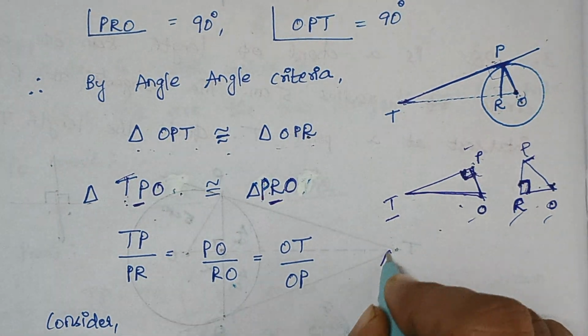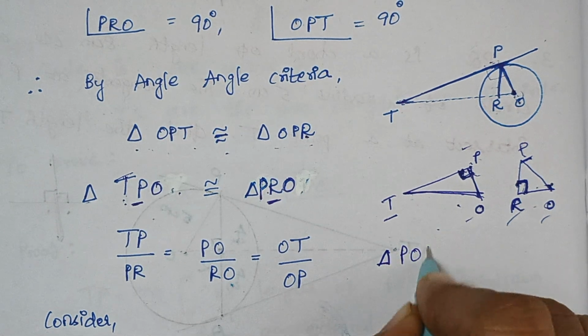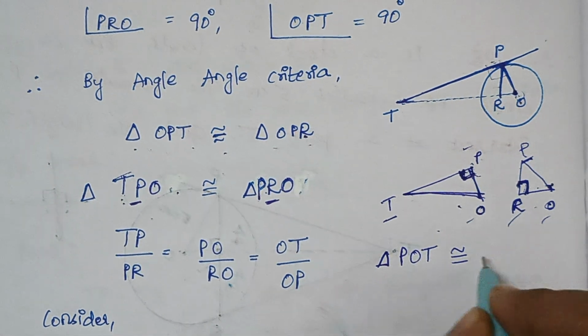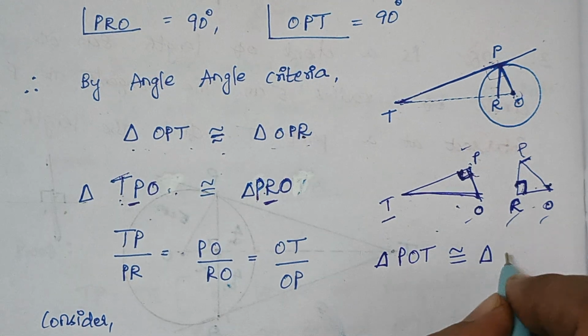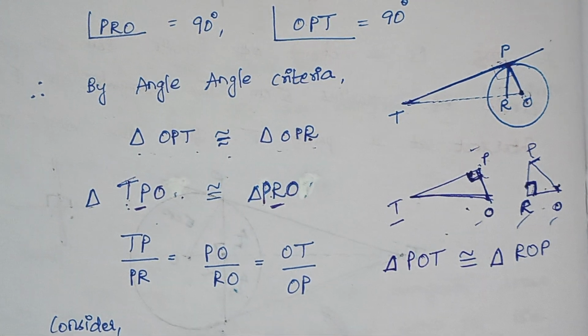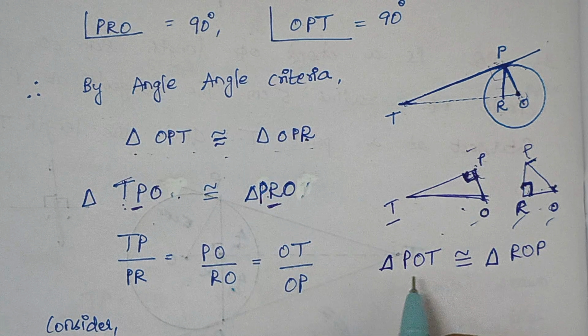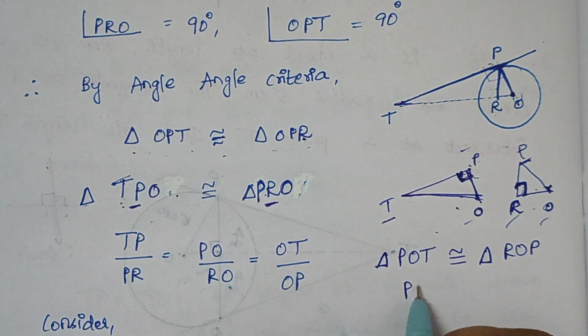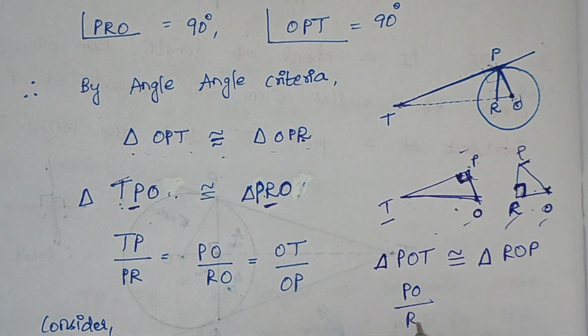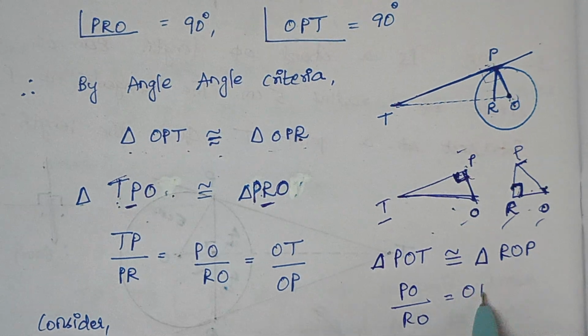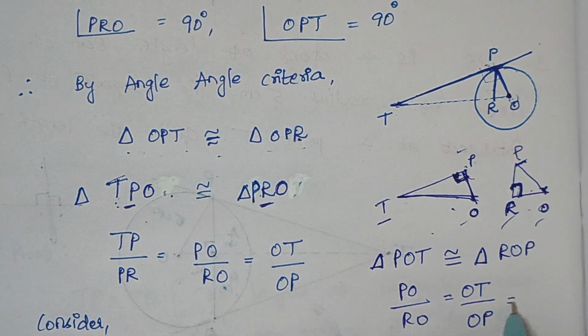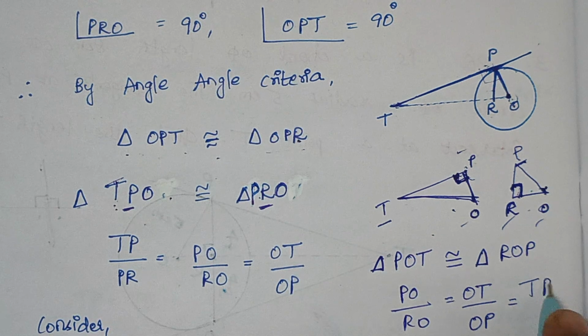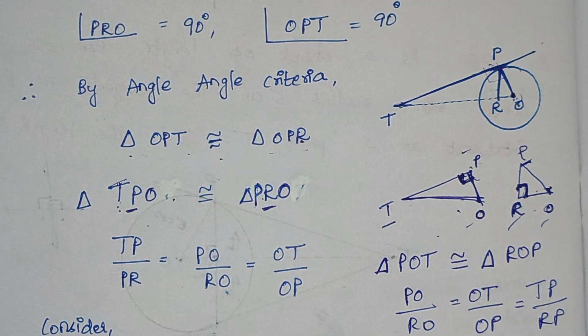So when you write like this, triangle POT is similar to triangle ROP. When you write the values, how can you write the sides? PO by RO is equal to OT by OP, which is equal to TP by RP.